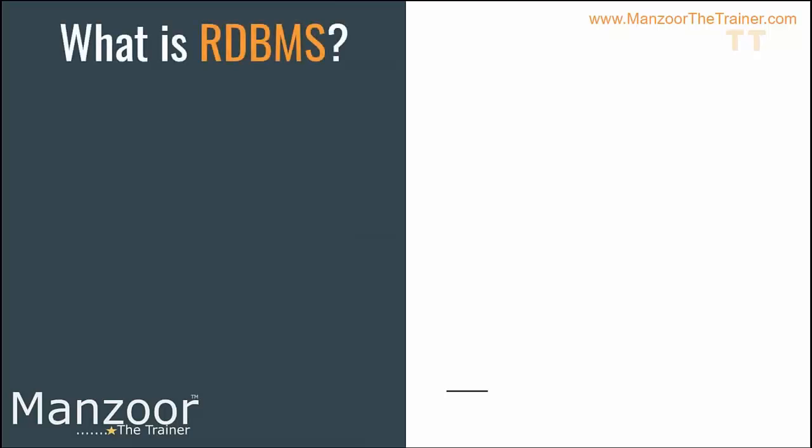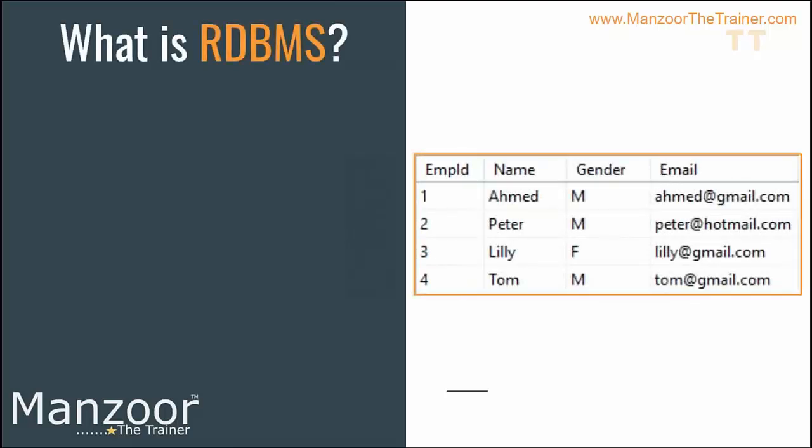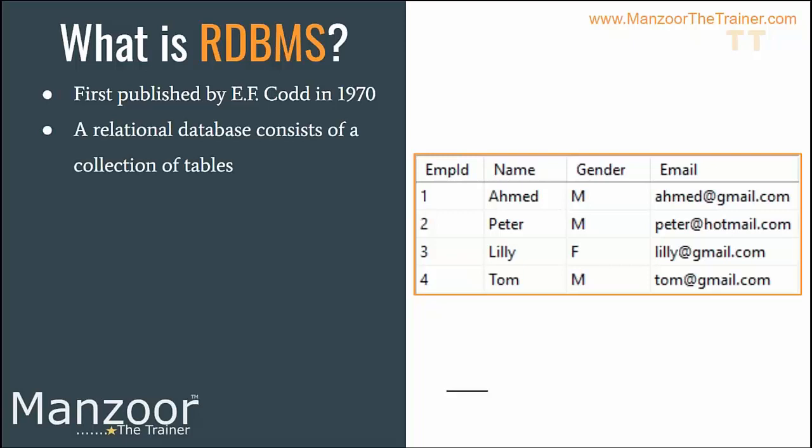But what we did, now we started storing data in the form of a table where you have rows and columns. Employee ID, employee name, gender, email. These are all columns. 1, 2, 3, 4. These are rows. Fine. It was first published in the year 1970. A relational database consists of a collection of tables.